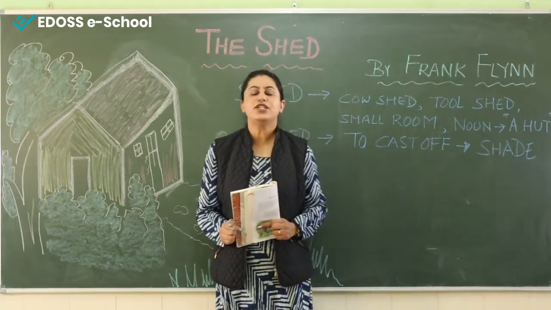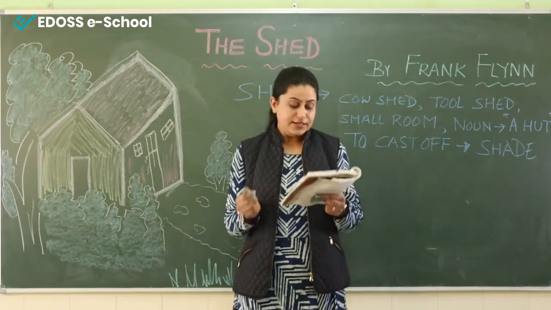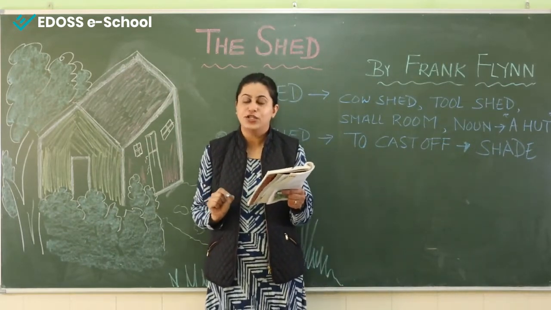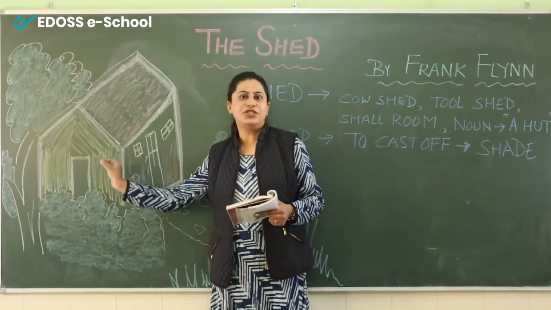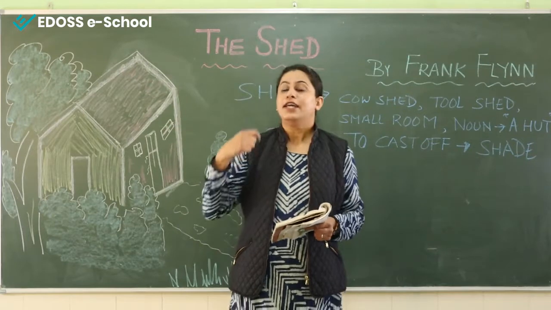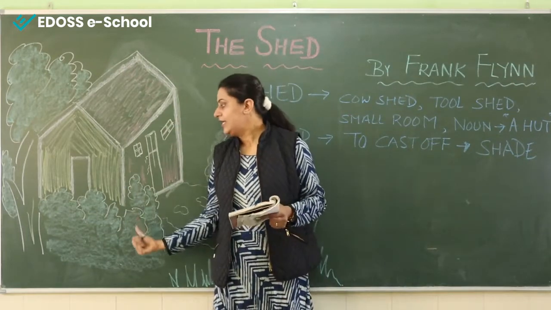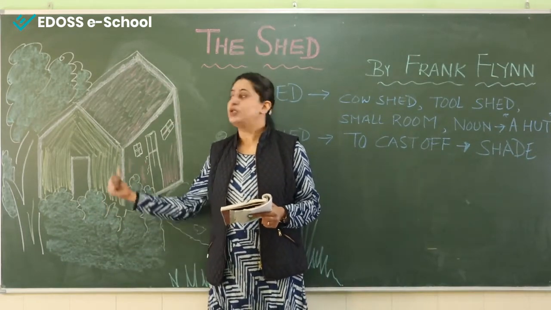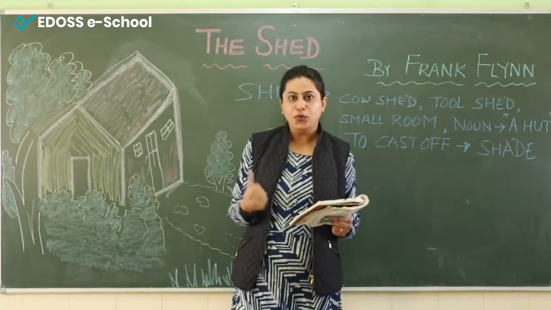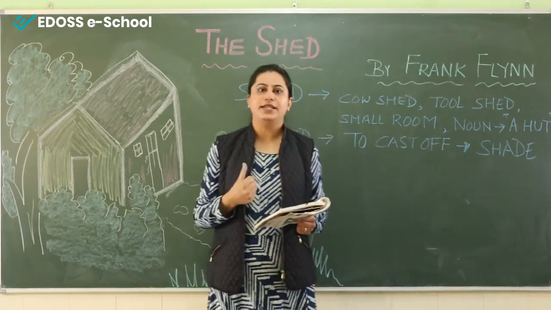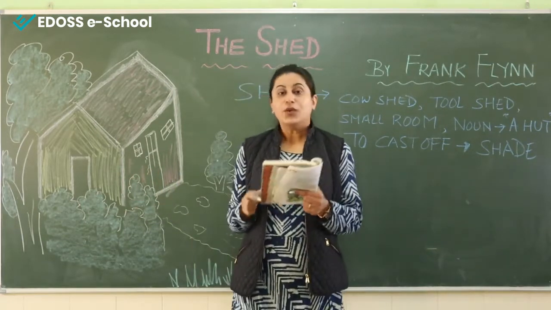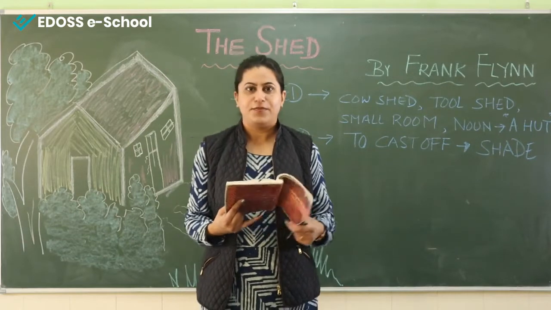He is hesitant because in a way he is not prepared enough yet to enter this shed. Might be when he'll grow up, and then after a few years he is definitely going to enter this shed, which is a small room that is located at the bottom of the garden. So here the poem ends.